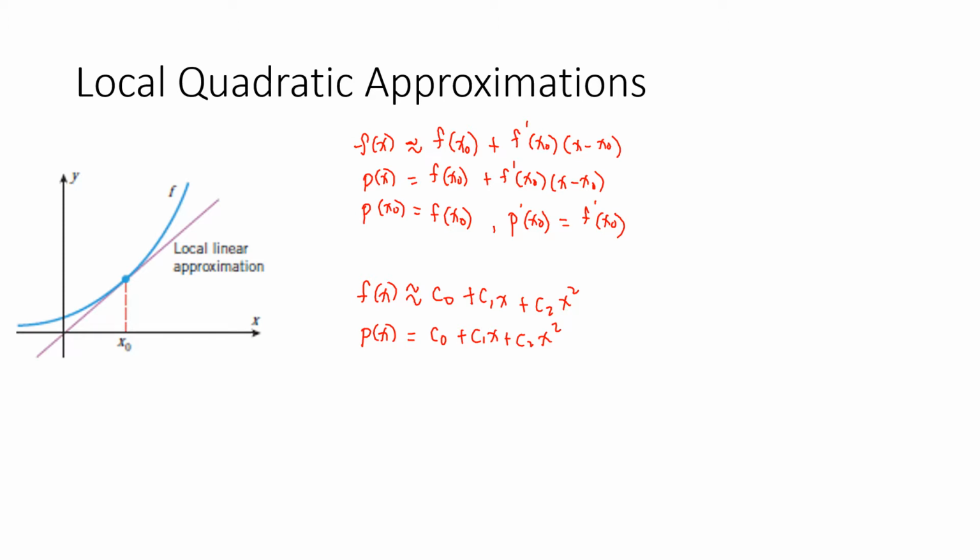Thus, we want p of 0 equal to f of 0. The first derivative of the polynomial p at 0 is equal to the first derivative of the function f at 0, and the second derivative of the polynomial p at 0 would be equal to the second derivative of the function f at 0.